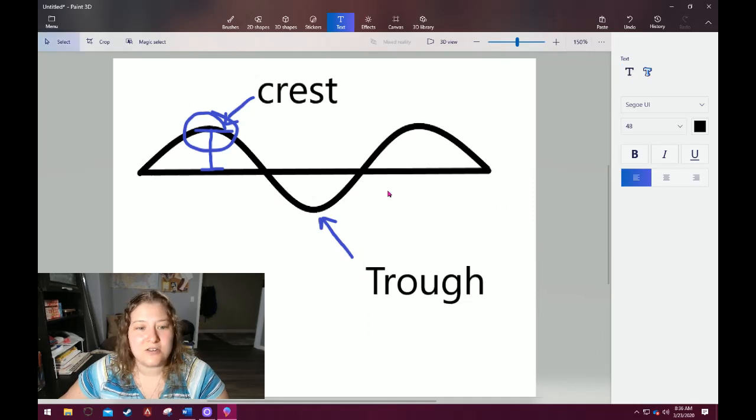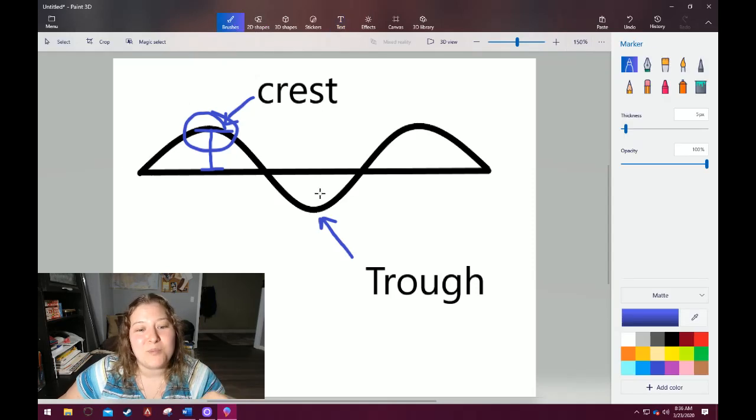T-R-O-U-G-H. Yes, good. And so the trough is the bottommost part of the wave, which is right here. And that's measured again from your baseline to the very bottom of your wave. So that is 2 definitions. You've got crest, the very top of the wave, and you've got trough, the very bottom of the wave.